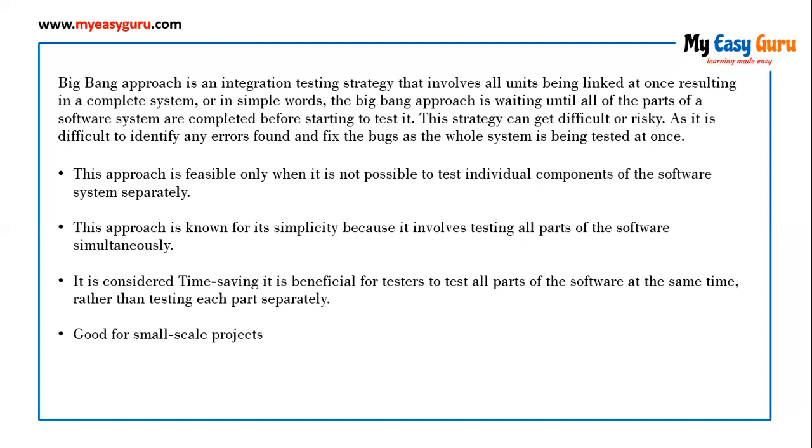So, in the Big Bang approach, we wait until all parts of the software are completed, and once they are completed, we start testing the system completely at once. So we test all the parts of the software simultaneously. And this is time saving and good for small scale projects.